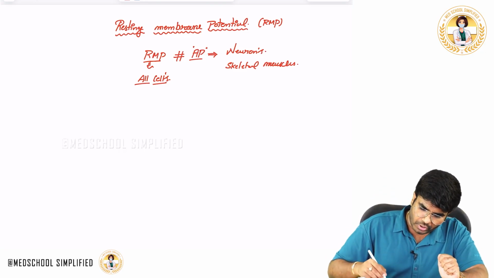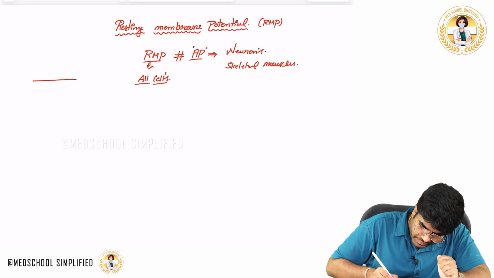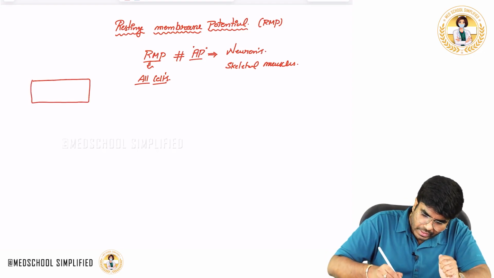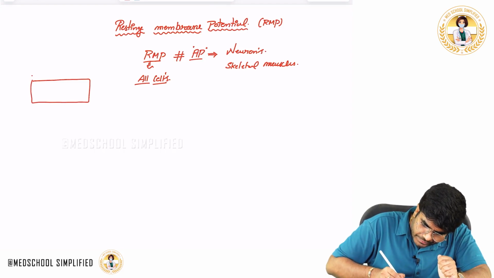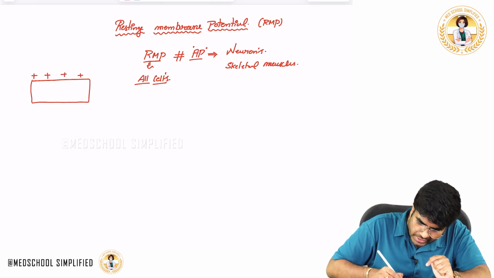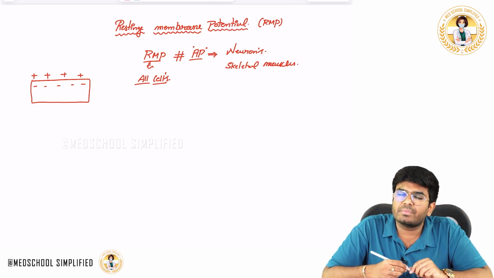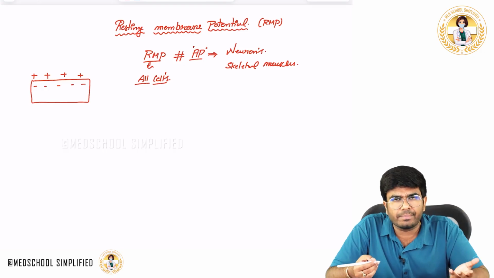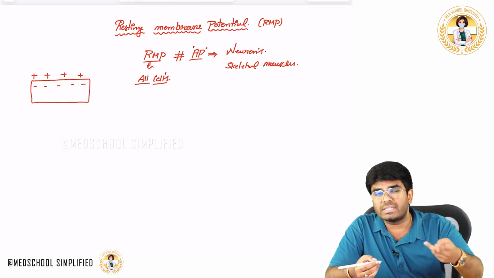First of all, let me show you here. This is one cell. When compared to the outside, your cells have a voltage difference inside the cell. For example, if I ask you what is the resting membrane potential of a neuron, you will immediately say minus 70 millivolts when compared to outside.